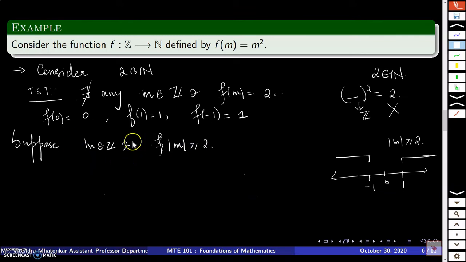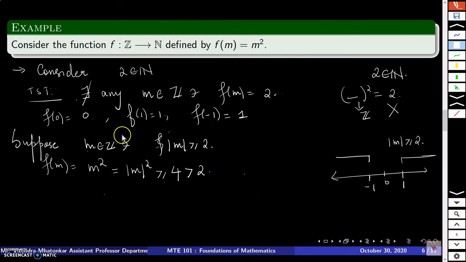Now if I take such m's, then what will be f of m? That will be m square by definition of the function, right? But m square is the same as mod m square. This is one of the properties of the absolute values, right? And because mod m is bigger than or equal to 2, its square will be bigger than or equal to 4, and 4 is strictly bigger than 2.